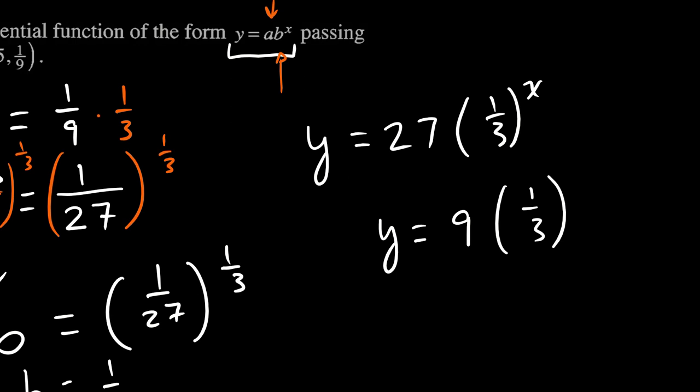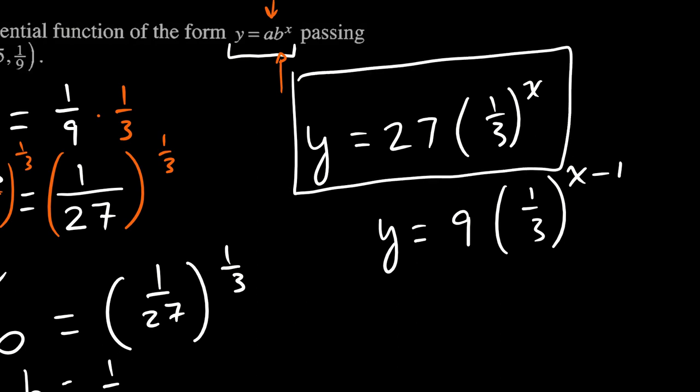But then instead of raising this to the x power, I raise it to the x minus 1 power. And both of these will produce exactly the same outputs if I give it an x. The textbook referred to this as standard form for an exponential function. And the big difference there is that instead of starting with the 0th term, 27, we start with the first term. And instead of writing x, we write x minus 1 as our power. Okay, that's it.